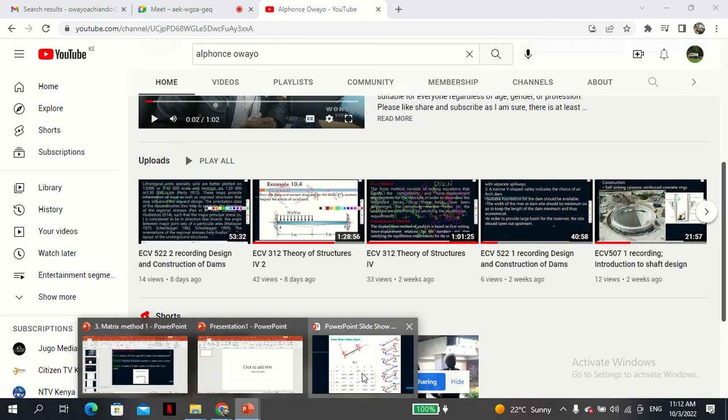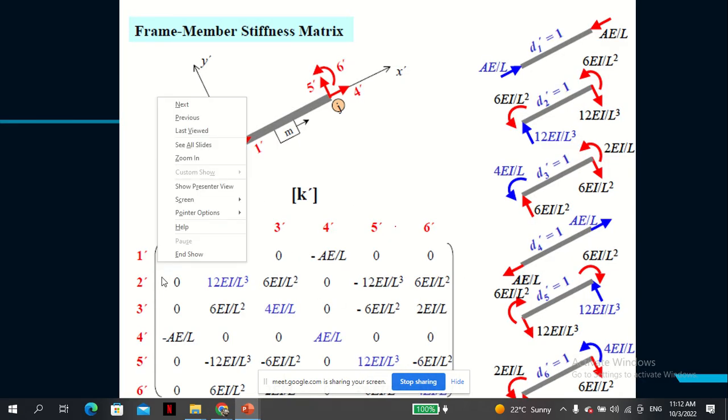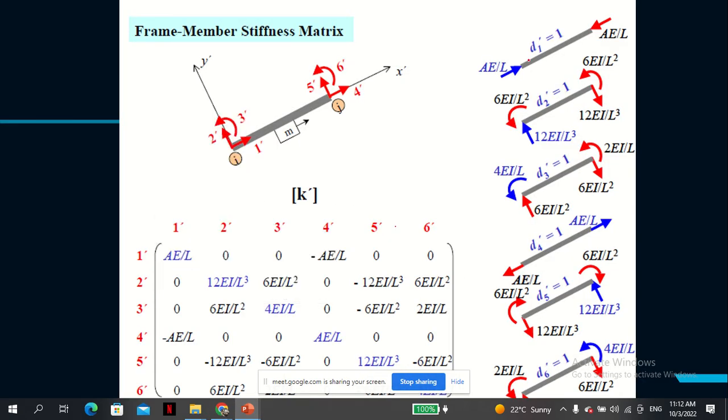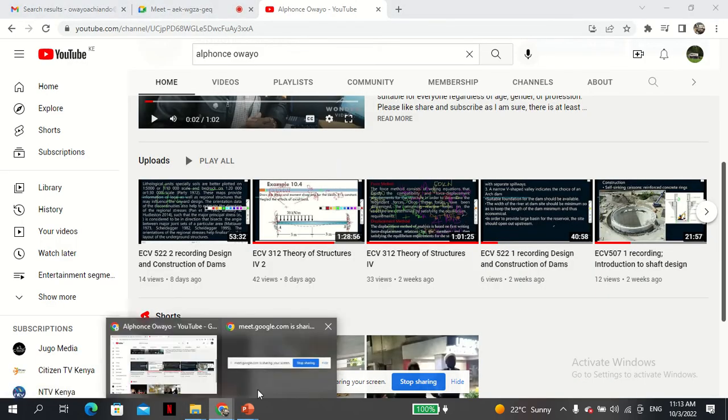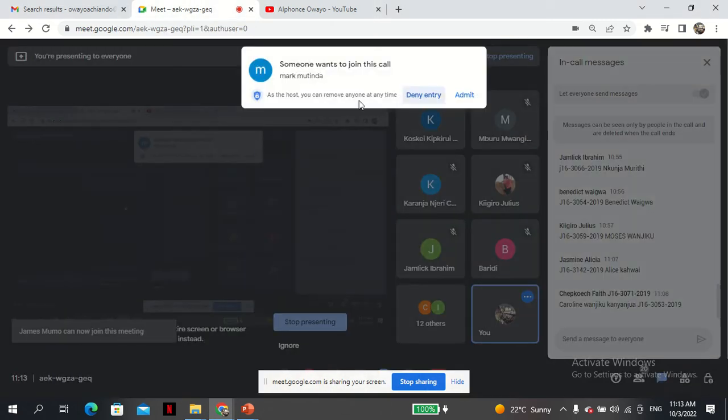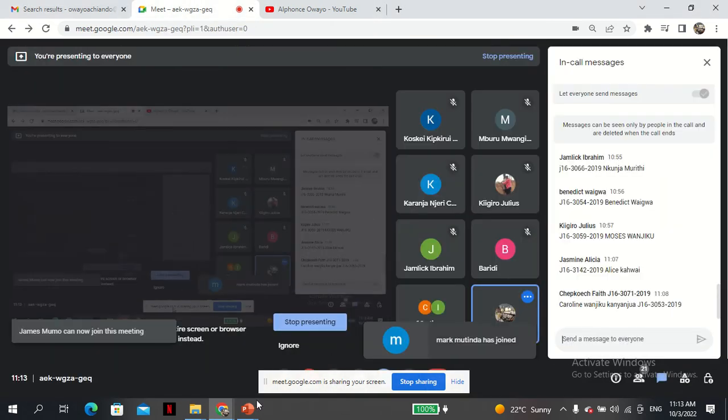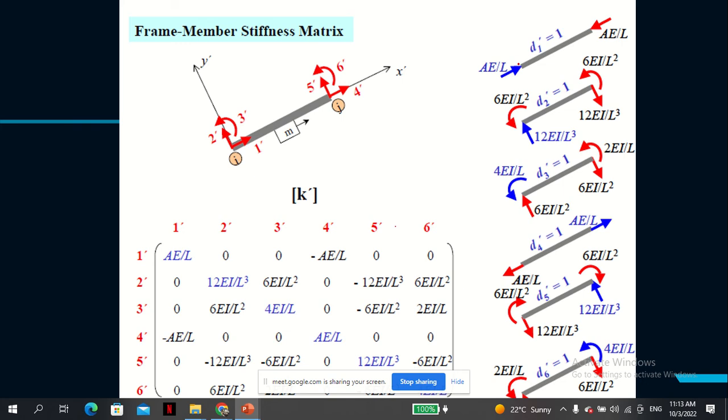To cause a unit displacement, you need the value AE over L, which I think you've seen how we derived. So I've said the stiffness matrix is the amount of force that can cause a unit displacement, just one.